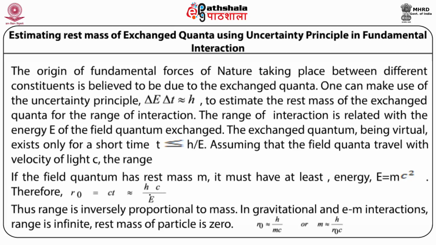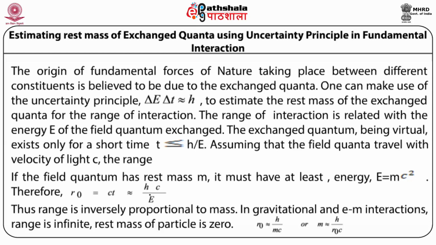Thus, range is inversely proportional to mass. In gravitational and electromagnetic interactions, range is infinite. That means that the effect of the gravitational or the electromagnetic field is infinite, and thus the rest mass of the particle is zero, which means that r0 is approximately equal to h by mc, or m is approximately equal to h by r0c.